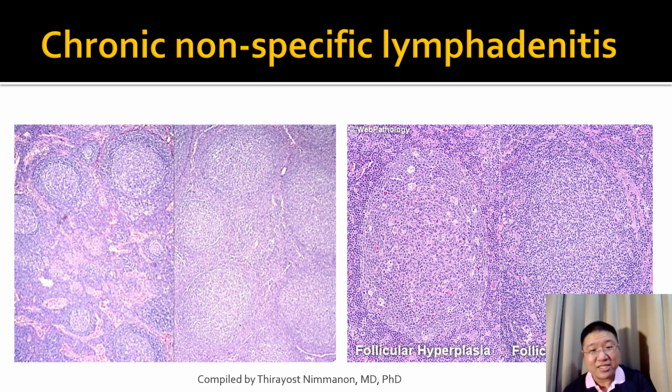In this slide, I would like to show you how to distinguish between reactive lymphoid follicles and neoplastic lymphoid follicles. On the left side, we can see at low magnification that the lymphoid architecture is still intact.